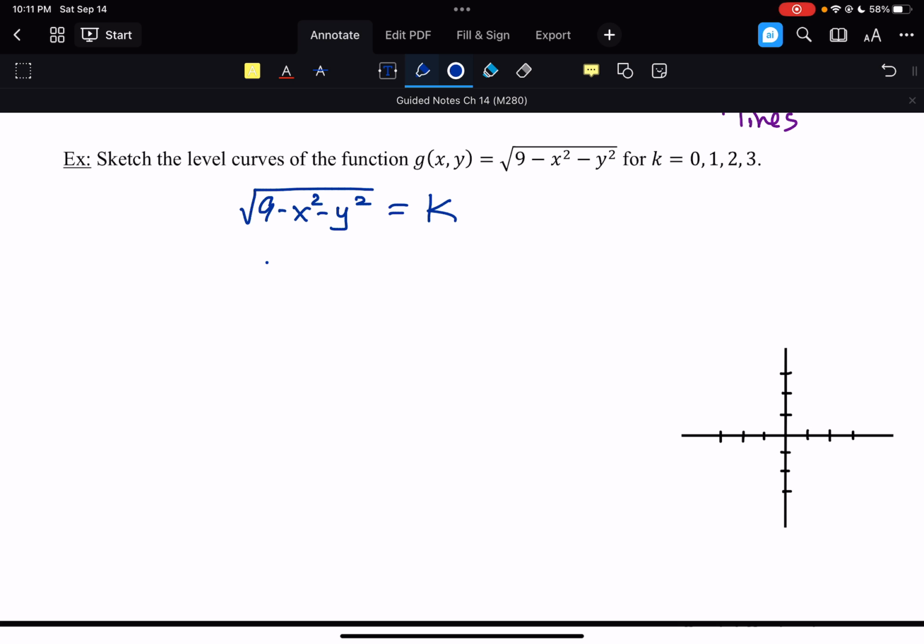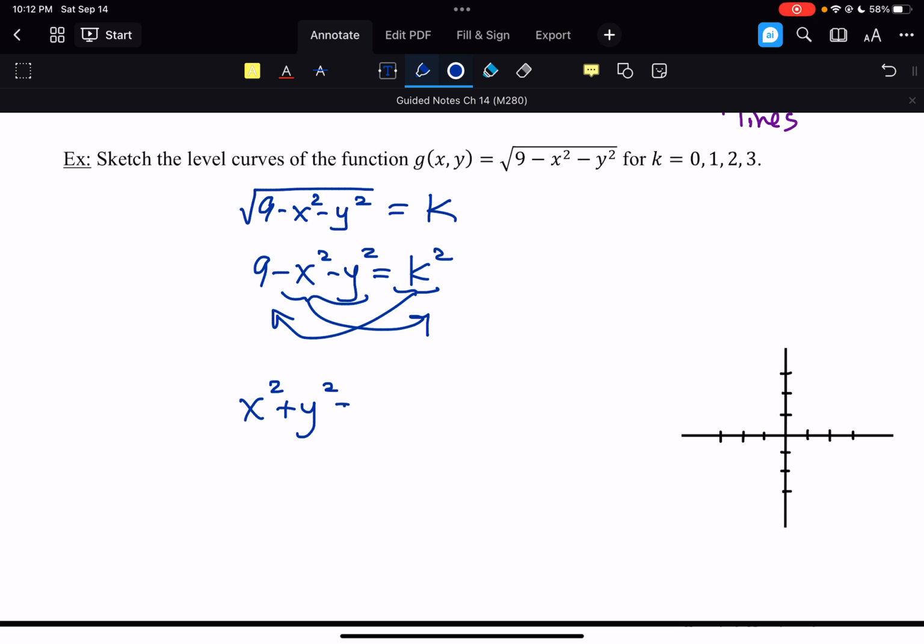So we square that. That's going to be 9 minus x squared minus y squared equals k squared. And let's move some things around here to get the circle equation. So we're going to get x squared plus y squared equals 9 minus k squared.